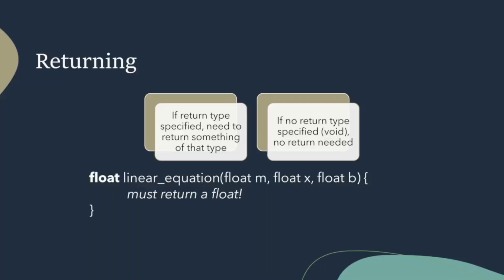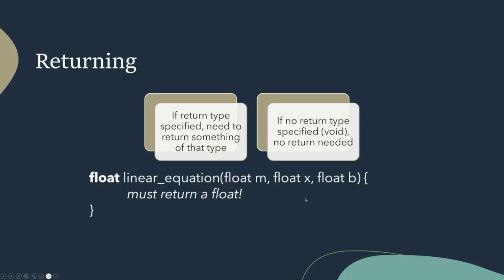Okay, so returning. Again, you can kind of think of, not only is this function giving a value back, you can almost think of it as this is the value of this function given these arguments. So when I say this thing is going to return a float value, it absolutely has to return a float value.